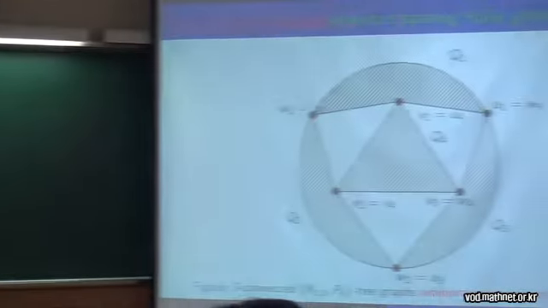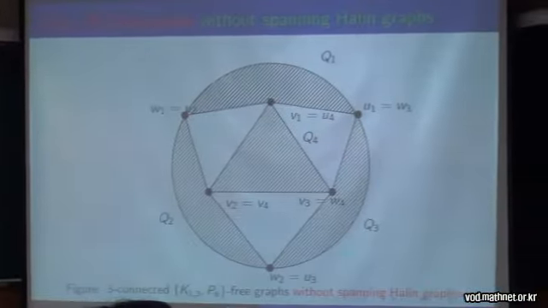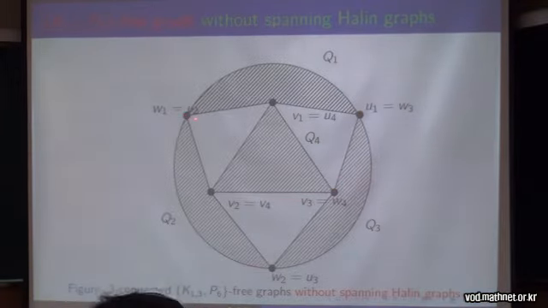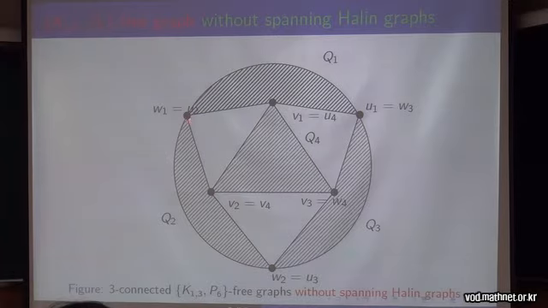And well, we cannot use at least 4 identified vertices in here. If there are at least 4 identified vertices in here, then we have a 3 cycle, or maybe a 4 cycle.